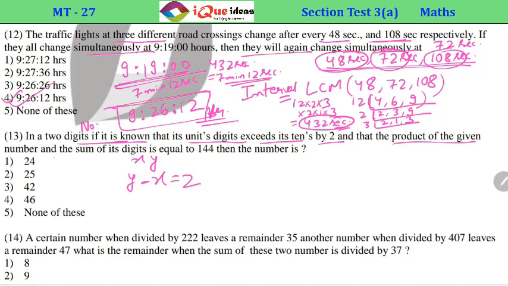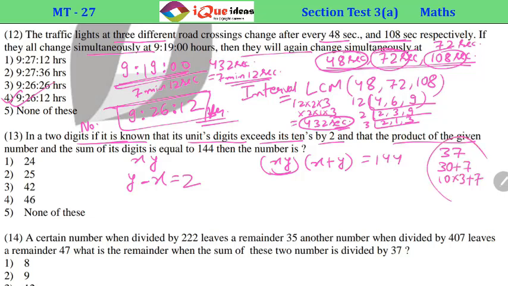So the number xy into the sum of digits, x plus y, is equal to 144. Now, when there is a 2-digit number, let's say 37, it is actually 30 plus 7, which is 10 into 3 plus 7. That is what it means. So a 2-digit number xy would mean (10x plus y) into (x plus y), and that is equal to 144.